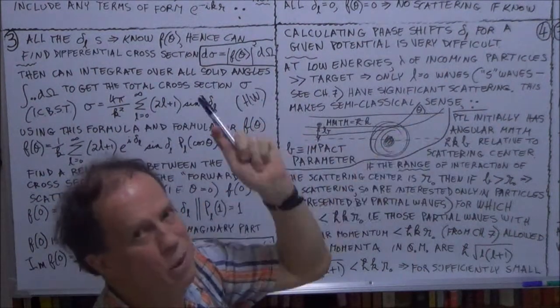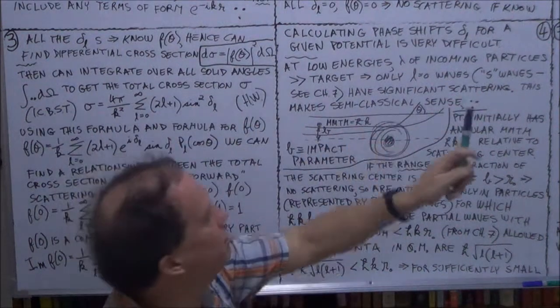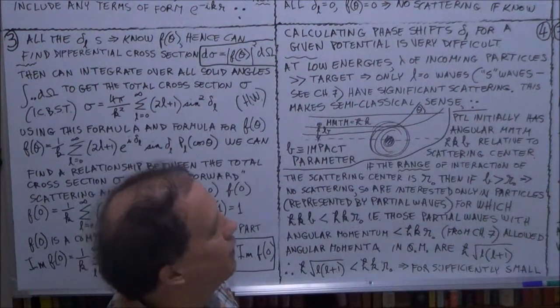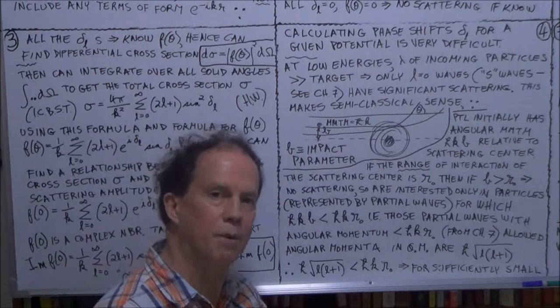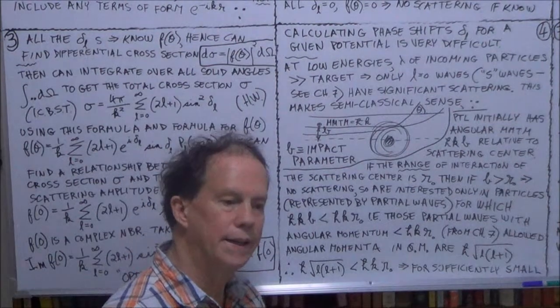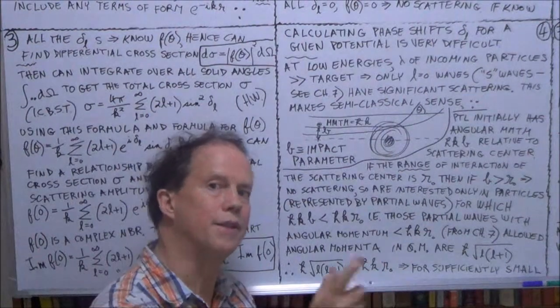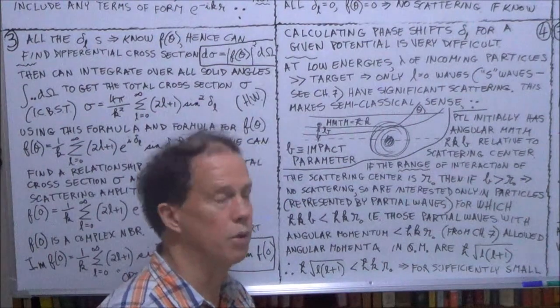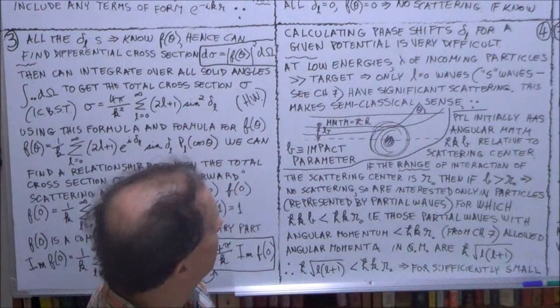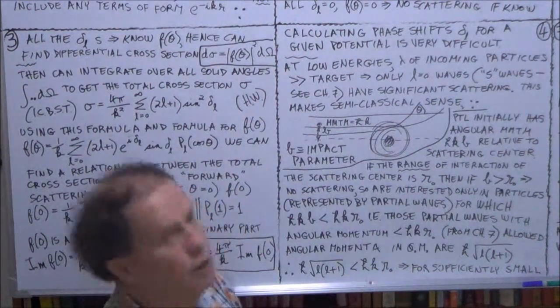So it's a multi-step chain of logic, right? And if we know what f is, you know, the scattering amplitude, f of theta, then we have knowledge about how everything scatters. That's what we're ultimately after. Okay, so I'll stop there.